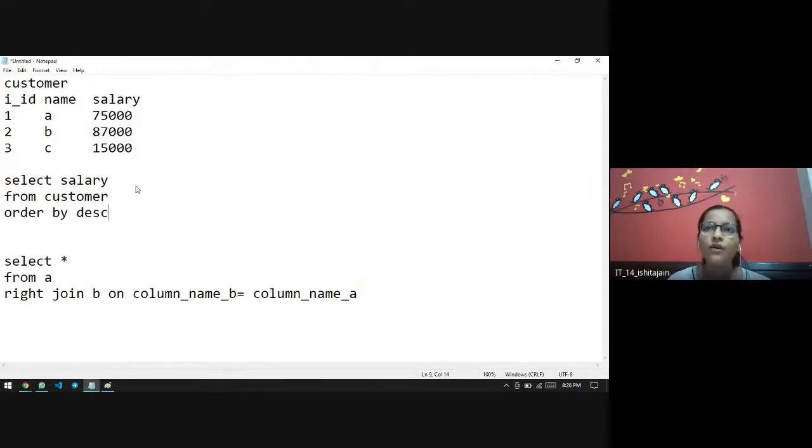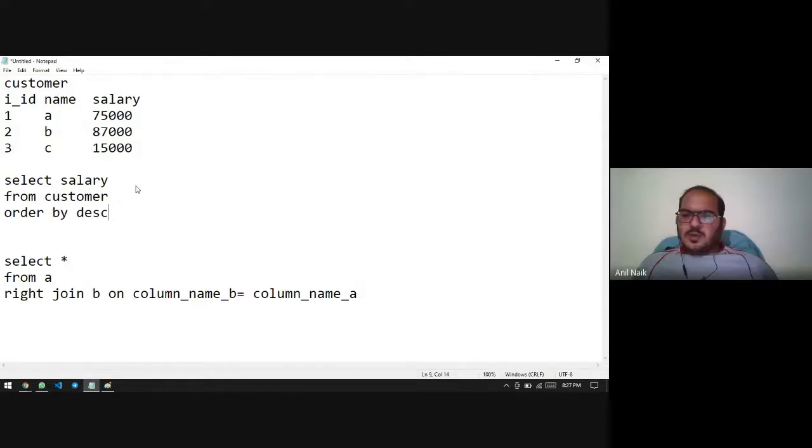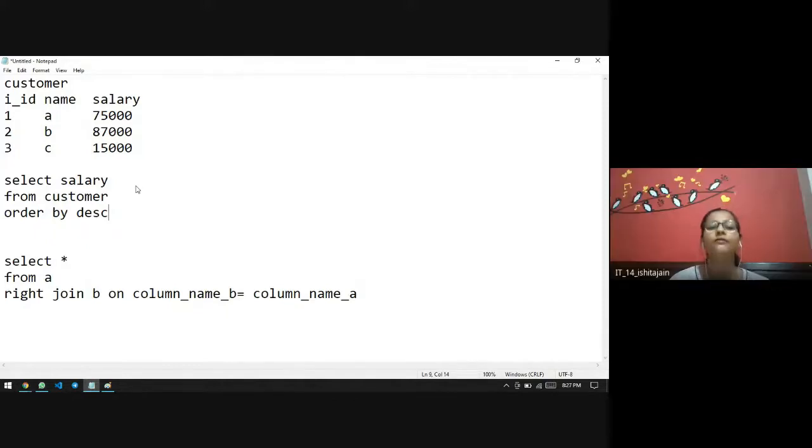We usually go for normalization because, number one, the storage consumed will be less, and the data will be clean, with no ambiguity in it. Means you organize the data in a structured form. Yes sir, we organize the data in a structured form.